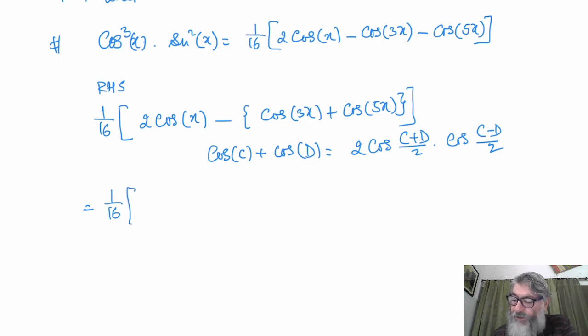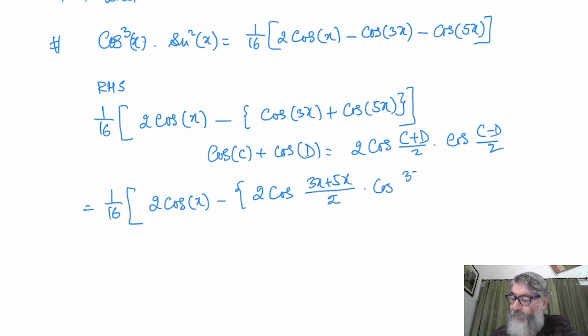In the cos it will not matter at all, because cos minus theta is cos theta. So I do 2 cos 3x plus 5x upon 2 and cos 3x minus 5x upon 2. You can write 5x first also, it does not matter really. In terms of cos, because both are plus, they can be interchanged, there is no problem.